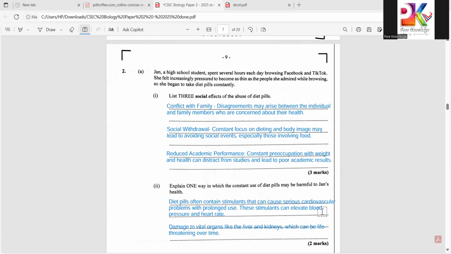But yes, diet pills contain stimulants that can affect your heart. They can cause cardiovascular problems with prolonged use and elevate your blood pressure and heart rate. They can also damage your liver and your kidney, which can be life-threatening over time. So those are some possible reasons there.